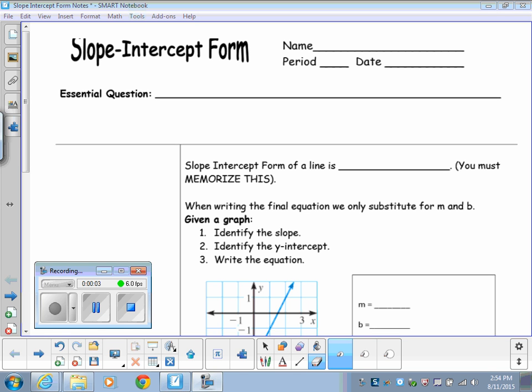Today we're going to work with the slope-intercept form. My essential question is, how do I write equations of a line in slope-intercept form?